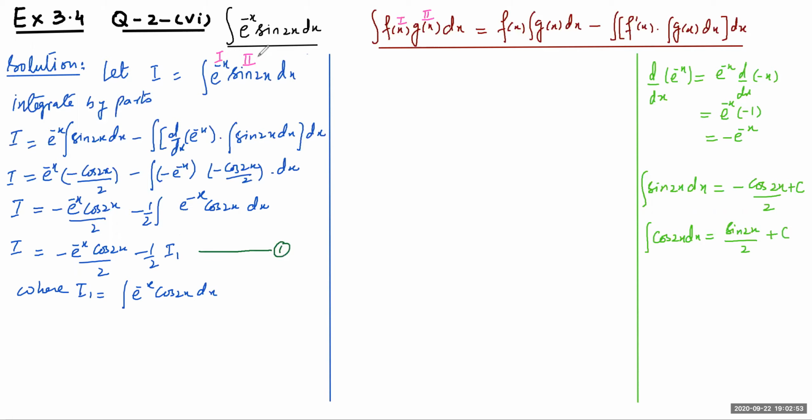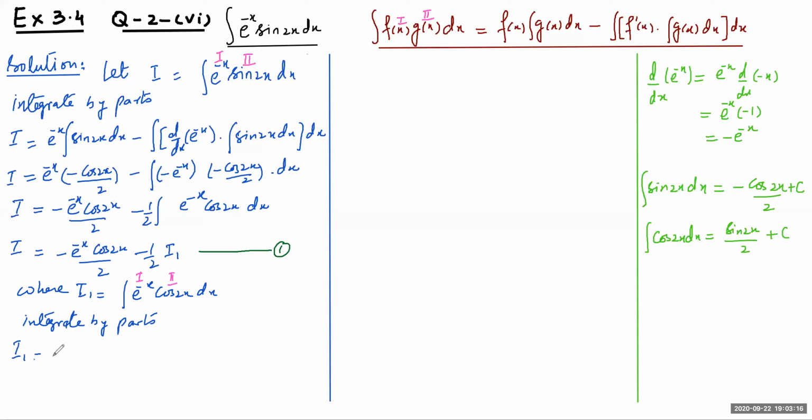And now what we are going to do, we are going to perform integration by parts over this integral using e to power minus x as first and cos 2x as the second function. So we integrate by parts, and what do I get?